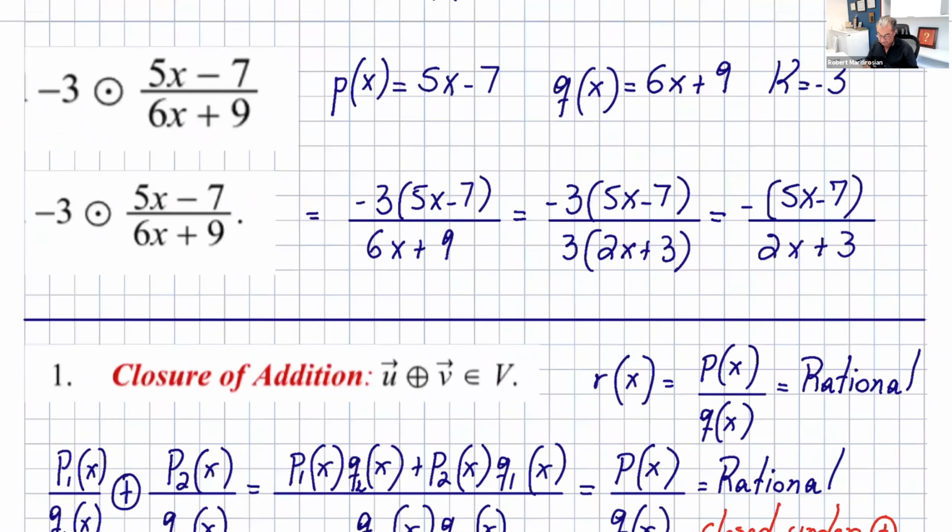So it's going to be negative 3 times 5x minus 7 over 6x plus 9. That's negative 3 times 5x minus 7. Then you can factor out the 3 here times 2x plus 3, and you're left with negative 5x minus 7 divided by 2x plus 3, negative 5x plus 7 divided by 2x plus 3.